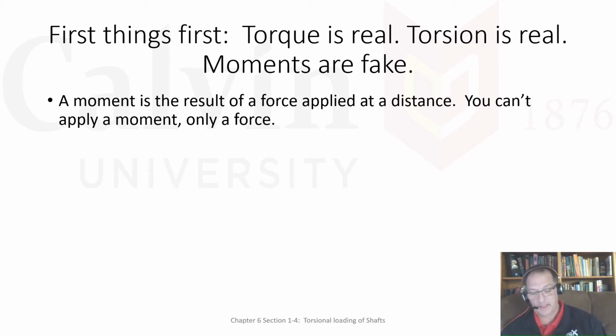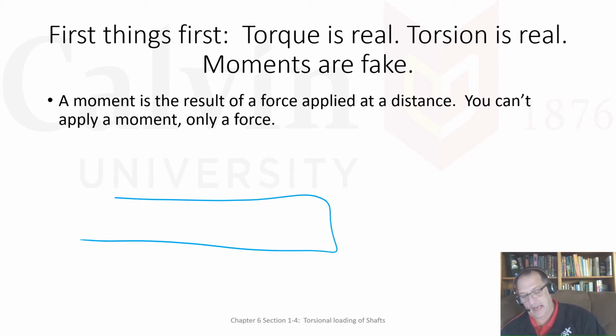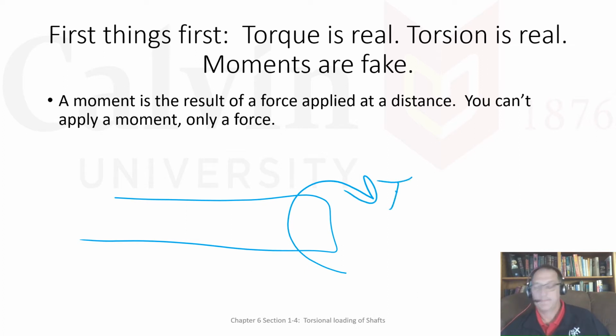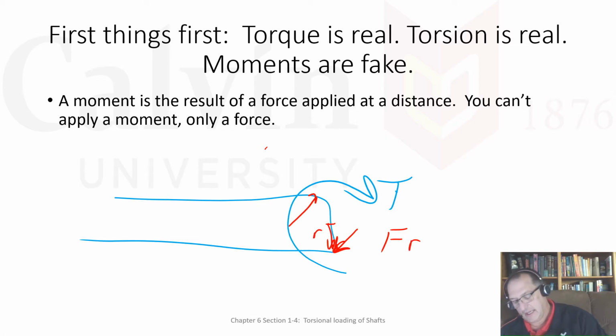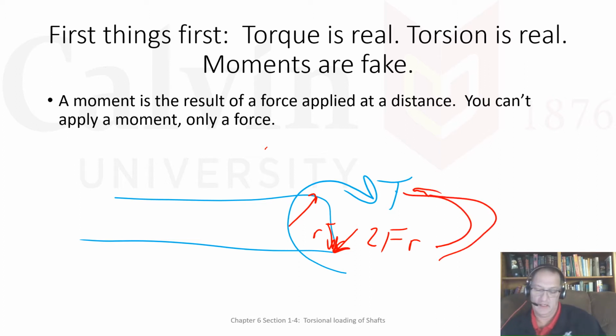What we did is we applied a force here and a force here, and the force times the distance from the center, R, multiplied by 2 because there are 2 of them, gives a torque equal to 2Fr.